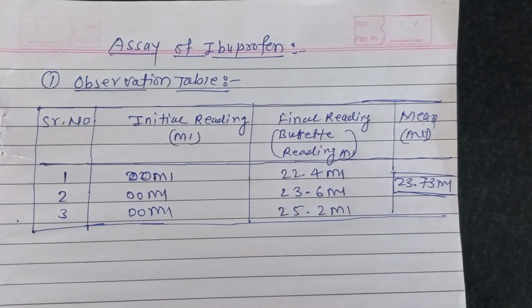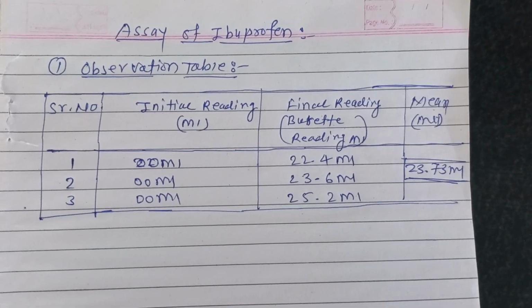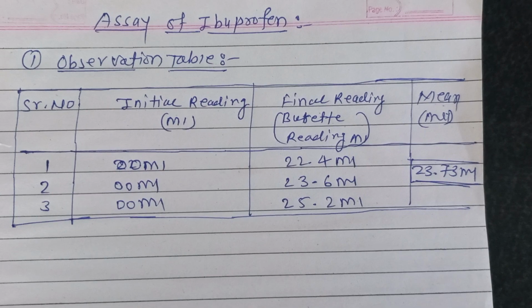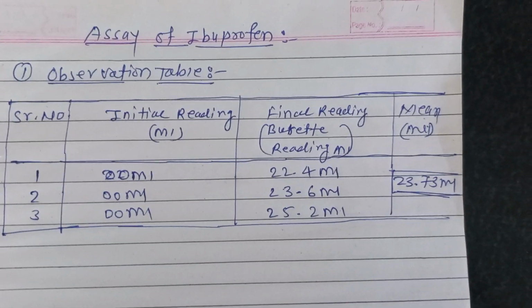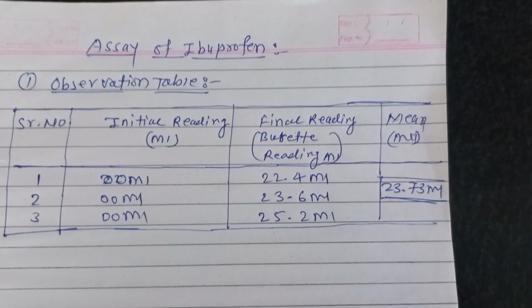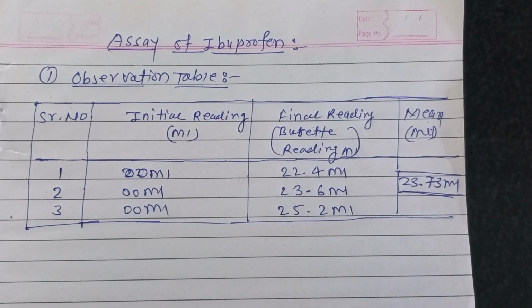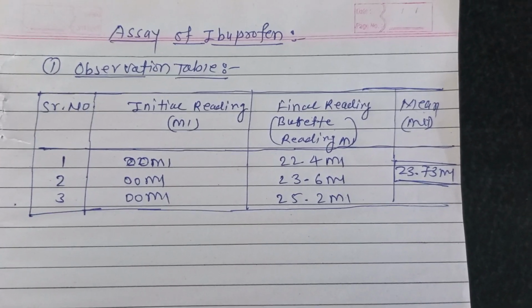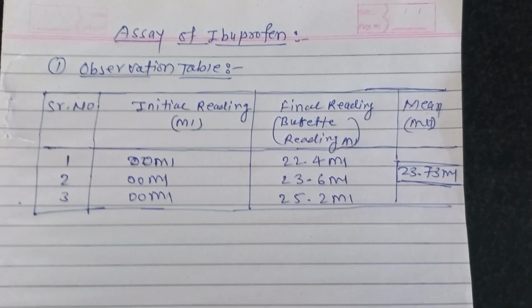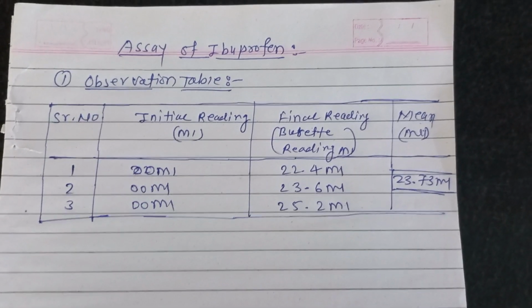The second reading is found to be 23.6 ml, and the third reading is found to be 25.2 ml, and the mean I have calculated is 23.73 ml. So I will put this mean of 23.73 ml into the formula for the calculation of the assay of ibuprofen.